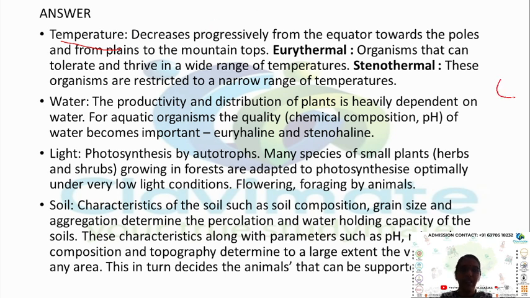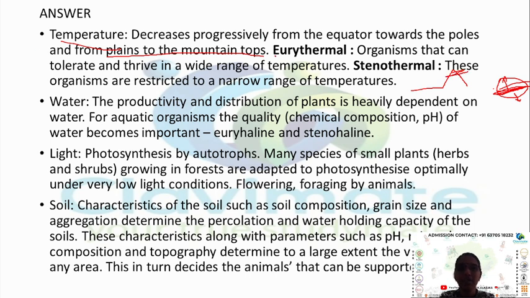If we have the earth and the equator in the center, the temperature decreases as we move up or down to the poles, and the temperature decreases from plains to mountain tops. You can see the difference in land, and if you go to any hill stations or mountain regions, the temperature drops.